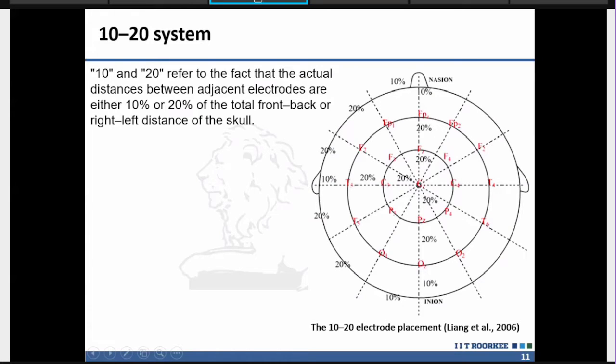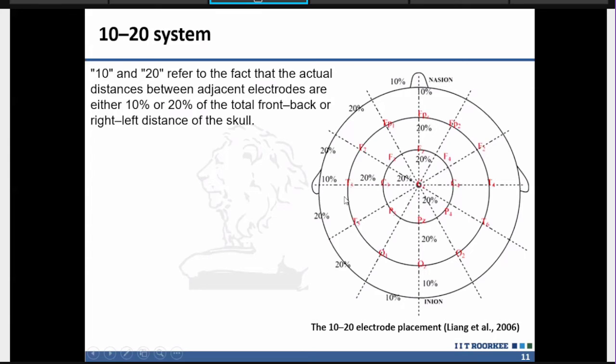You can have many electrodes or fewer electrodes, but the standard is that you place them in the 10-20 convention. This is called 10-20 electrode placement. What does it mean? It means that from one ear to the other ear, you find the distance, and you can place electrodes at 10%, 20%, 20%.